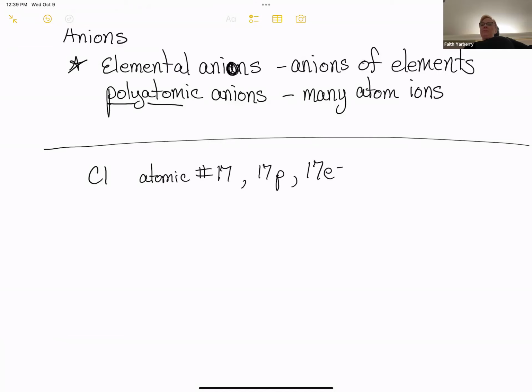So in our neutral atom of chlorine, 17 protons and 17 electrons. Protons carry a +1 charge for a +17. Electrons carry a -1 charge for a -17. That is why it's called neutral.